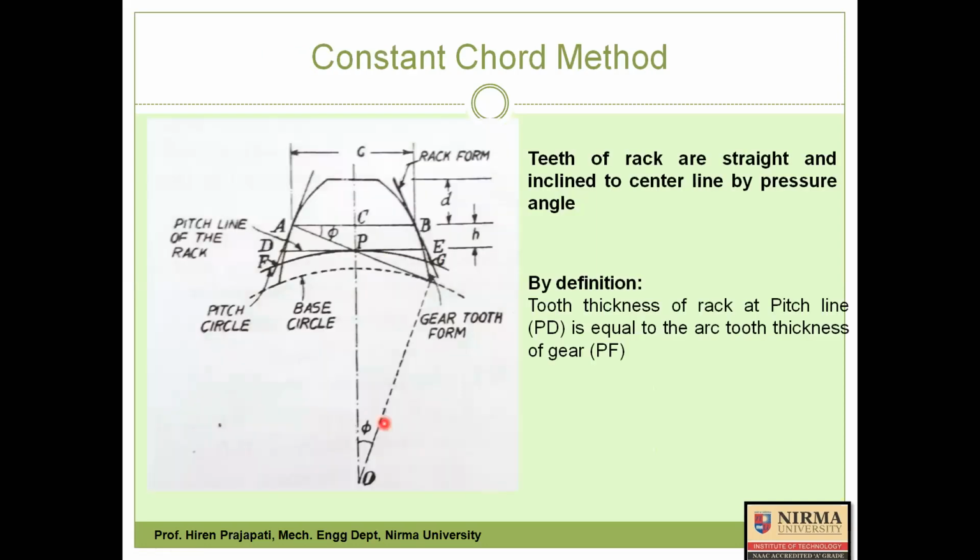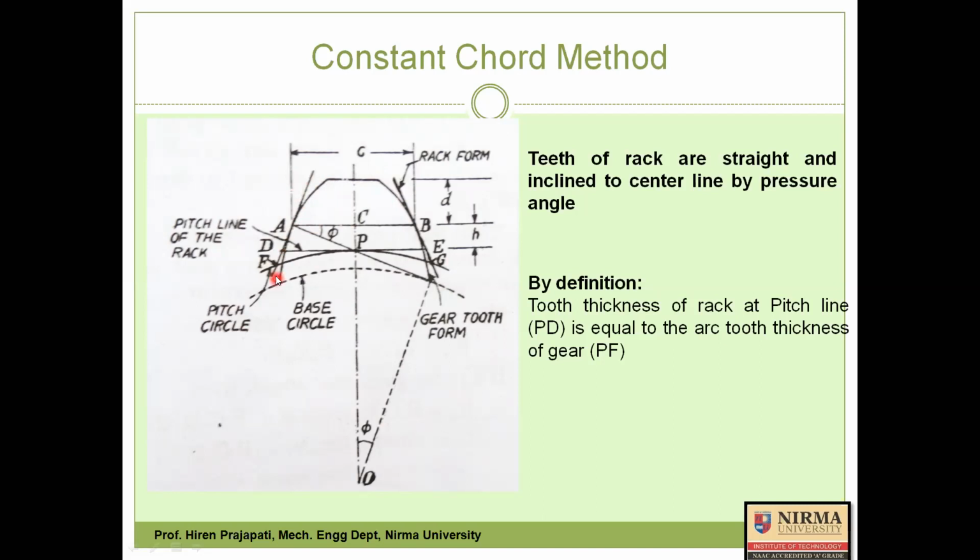This limitation is overcome using the constant chord method. What is the constant chord method? First of all, let us try to understand this diagram. This is the base circle. Then we have considered only one tooth of the entire gear wheel, which is in symmetric mesh with a rack.